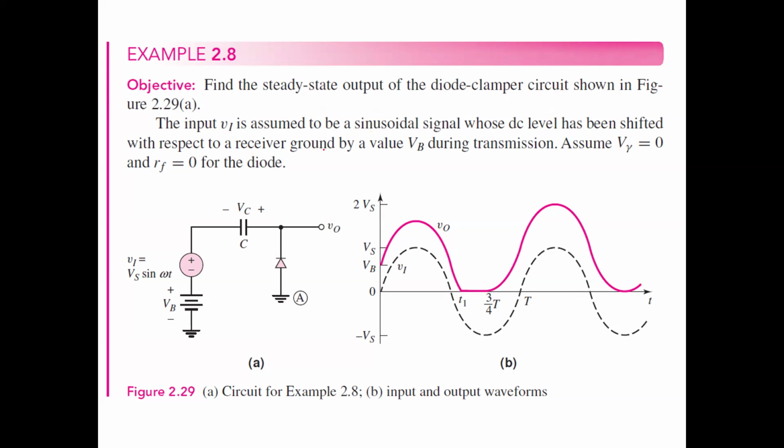So we have a certain receiver ground, and we need to shift this AC signal by a DC value equal to VB. Assume that V gamma equals 0. So the diode is in the ideal case, and the internal resistance of the diode itself is 0. We need to investigate the output of this waveform.